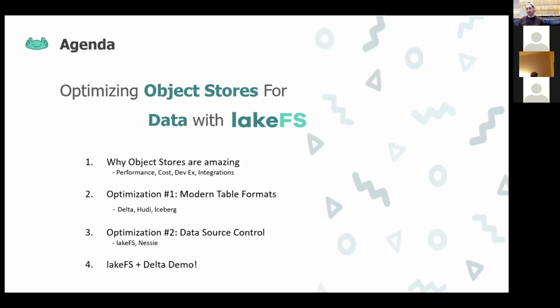The first optimization is called modern table formats. Common examples are listed. And the second is an even newer concept, which doesn't have a solidified name yet, but one way I like to name it is data source control. And then we'll finish up with a demo of both optimizations working over an object store.